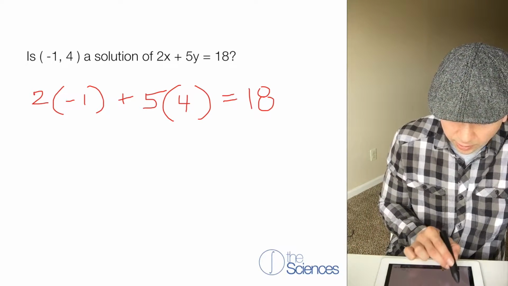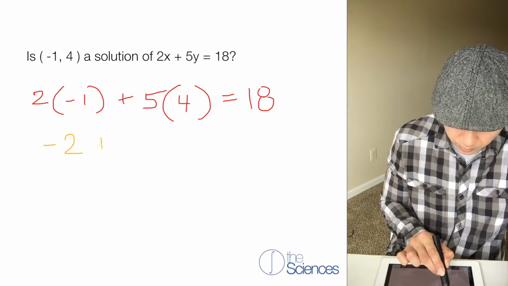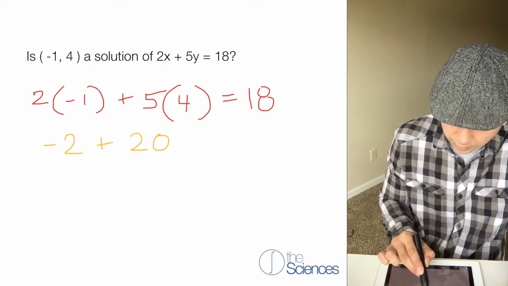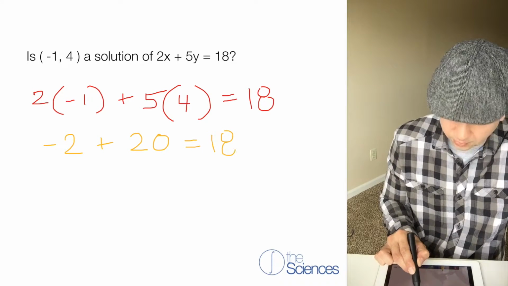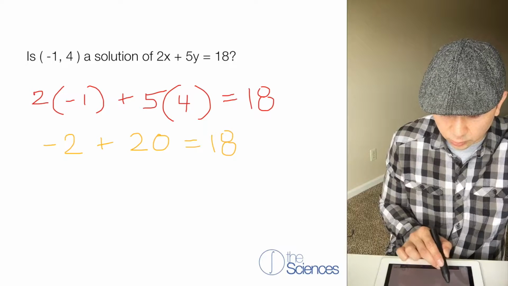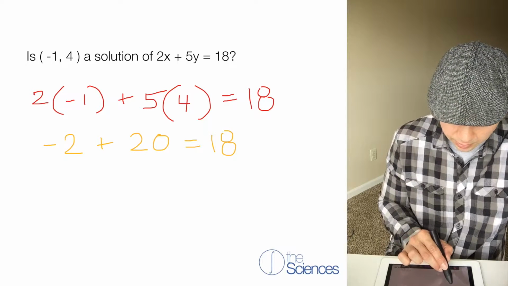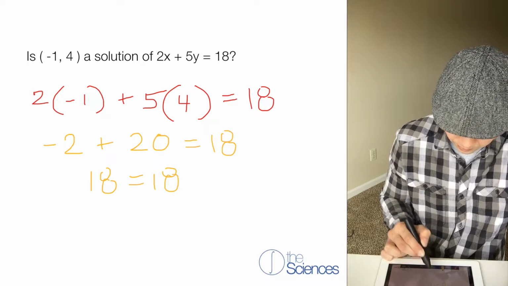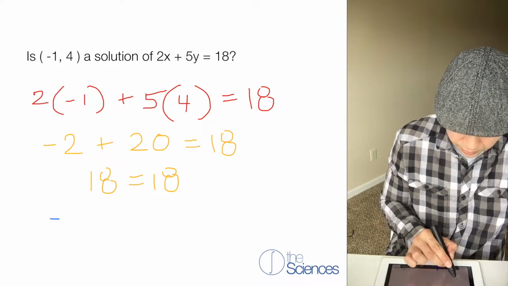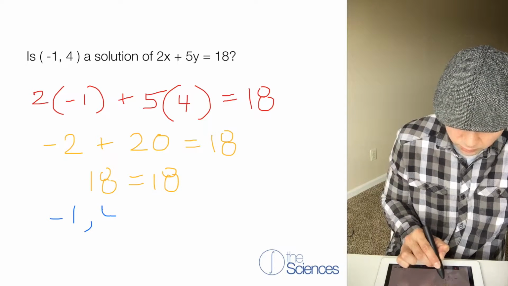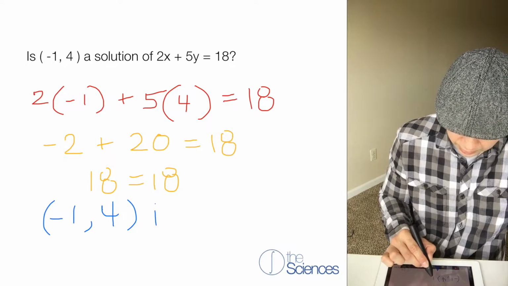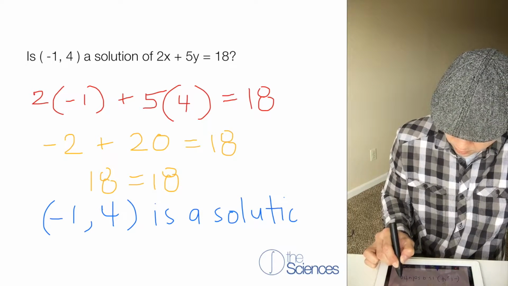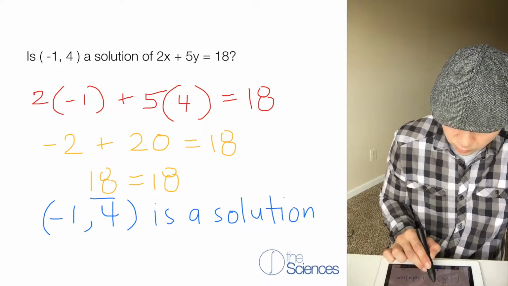So 2 times -1 is -2, plus 5 times 4 is 20, equals 18. So -2 plus 20 is 18, equals 18. So (-1, 4) is a solution, because 18 equals 18.